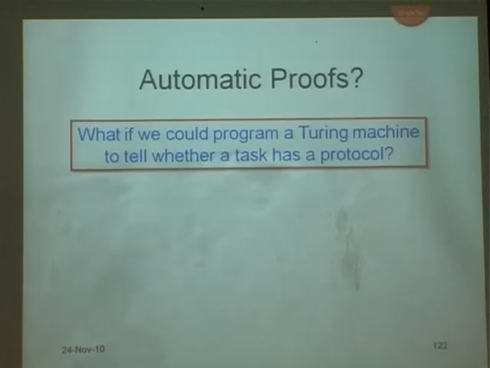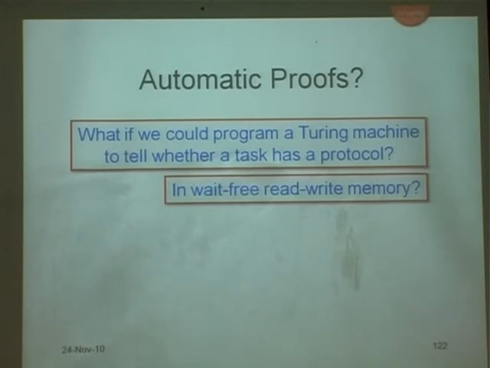So the last thing we did was we looked at decidability. If I give you a task specification, which after all is just a finite simplicial complex, the input complex is finite, the output complex is finite, the relation delta is finite.